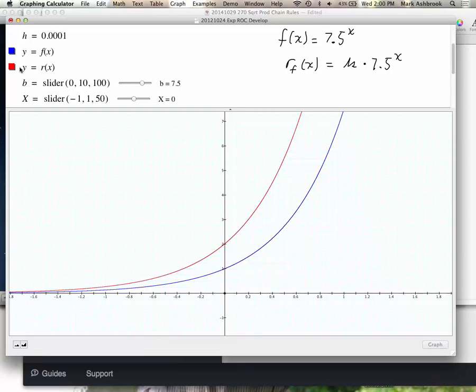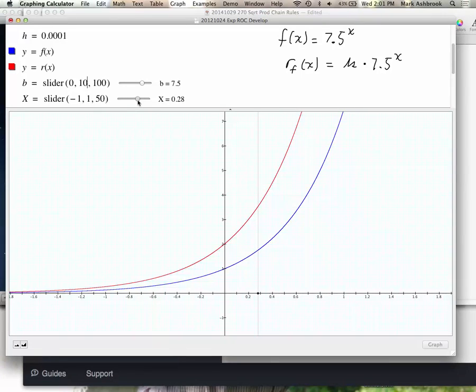So how are we going to test our conjecture here? I've got the original 7.5 to the x, and I've got its rate function. And we think that maybe that rate function is a constant multiple times the original function. So we want to check this out. So if I come over here, can you see that? Is that showing up? The vertical line?